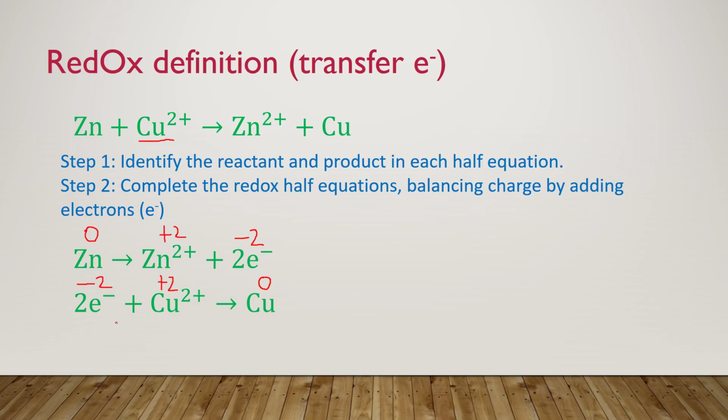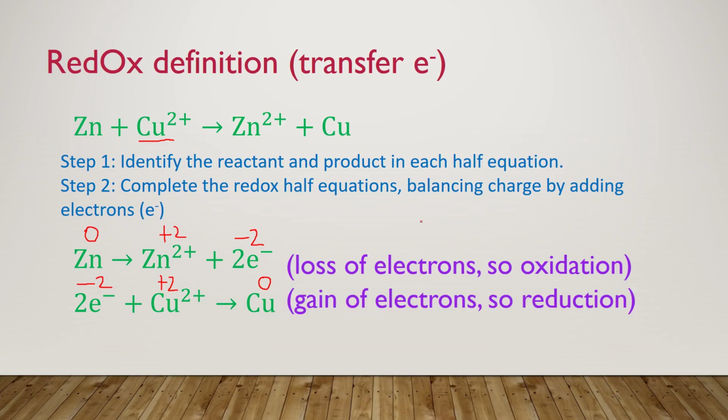So now that we have our half equations, we need to assign an oxidation half reaction label and a reduction half equation label. We can see the loss of electrons from the zinc, so OIL RIG, oxidation is loss of electrons, so we would say zinc has been oxidized. Whereas copper has gained 2 electrons, so copper 2+ will be the species being reduced.